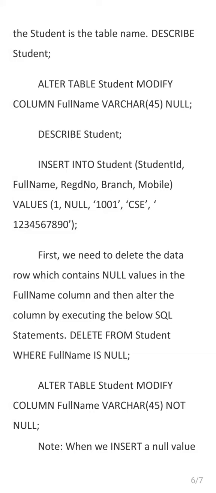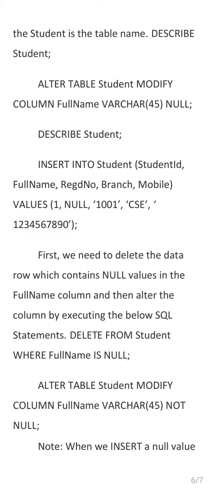So by this statement, you can know what constraints the table holds. Okay, so altering a table also is possible. We need to write alter table name, modify the column name. Okay, and you can use your constraint like null and all. Okay, so by describing it you can see if it is modified or not.